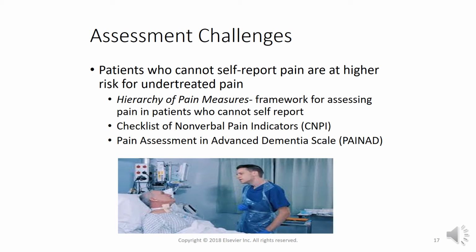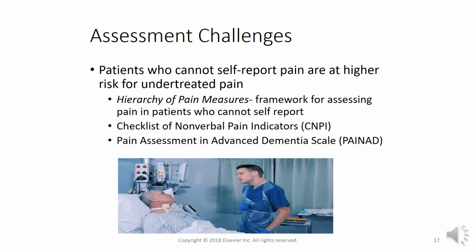In ventilator patients, it's important to be able to set up a line of communication with the patient. Reading lips, communication boards, computer, picture boards, etc. Patients who cannot self-report are at high risk for undertreated pain.